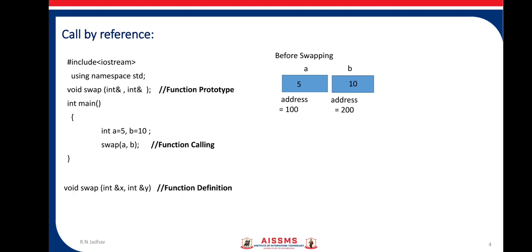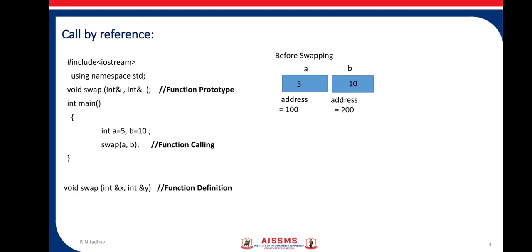Now let us take the function definition. In this definition you can see the arguments x and y, declared as int ampersand. As we have seen in the syntax of a reference variable, we are creating references to variables a and b, and the names given to the references are x and y.